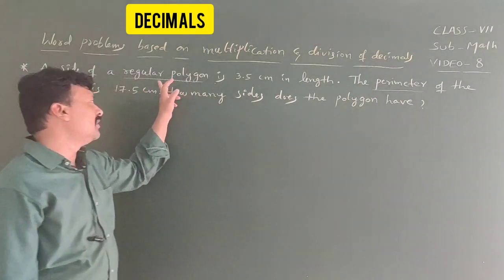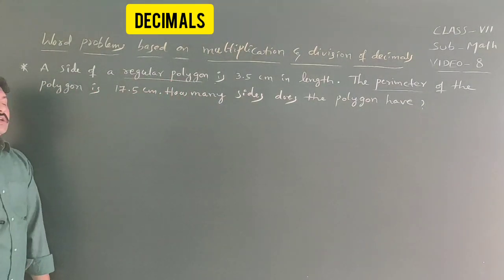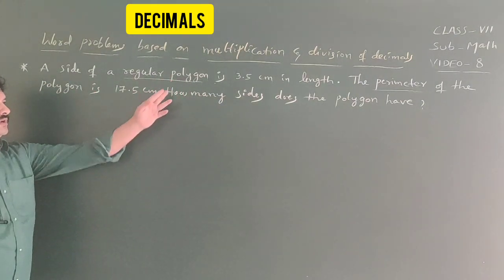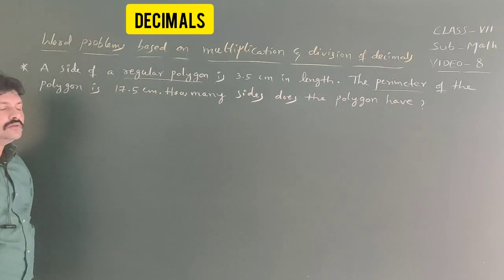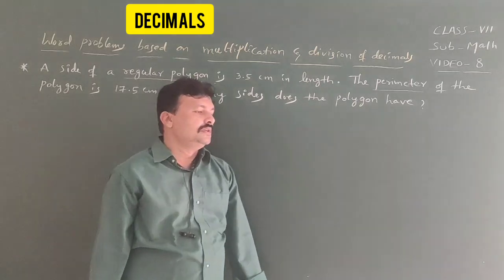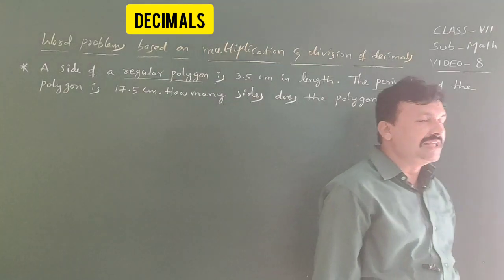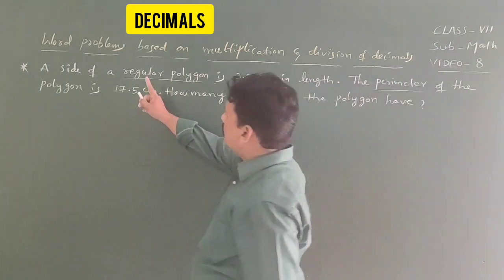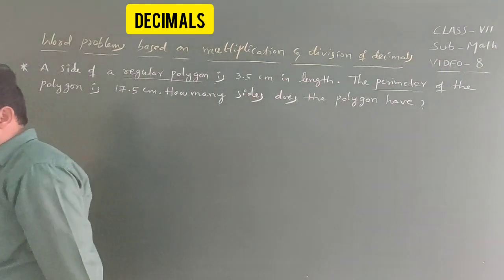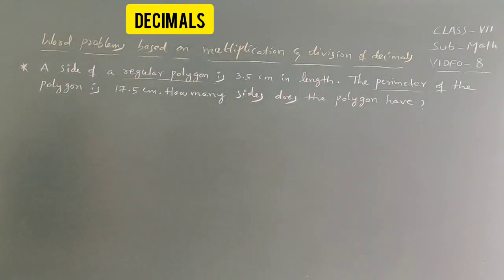If it is a regular polygon, all its sides are equal. Polygon means a simple closed figure bounded by 3 or more than 3 line segments. If it is regular, it has equal sides, like an equilateral triangle, square, like that.